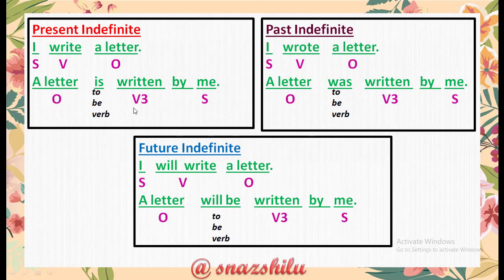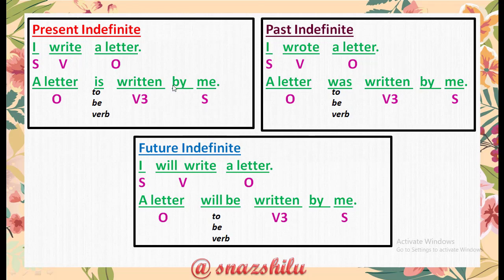Here we use the past participle form of the verb, that means verb 3, and a suitable auxiliary verb according to the subject, that means what is the object in the active voice, according to its number and person. It is a singular form, so we use is here. And finally we use the preposition by to complete the meaning of the sentence.